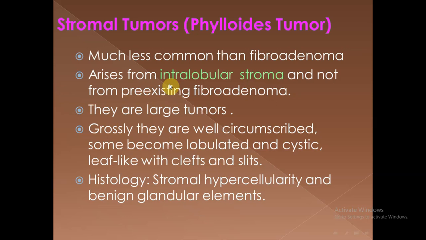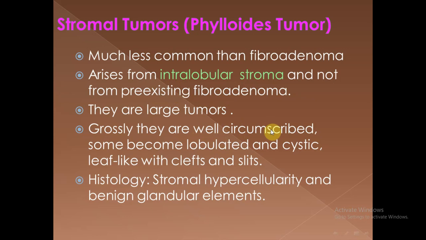Actually, this tumor does not originate from a pre-existing fibroadenoma, because fibroadenoma occurs in young women, and its structure is composed of two elements, glandular and stromal. Phylloides tumor occurs in an older age group than fibroadenoma, so it does not originate from fibroadenoma. It is less common than fibroadenoma.